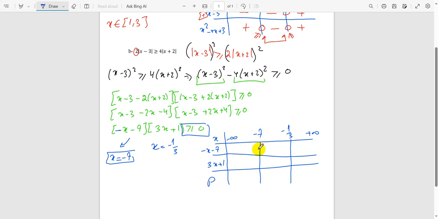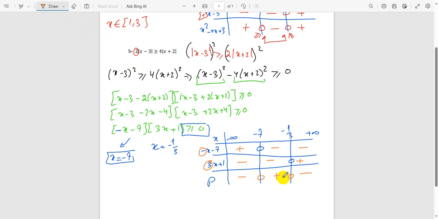So the root of negative x negative 7 is negative 7. The root of 3x plus 1 is right here. Let's study the sign. The opposite of negative 1 will be positive, negative, and the opposite of positive 3 is negative, then right here will be positive. The product will be negative, positive, then negative.